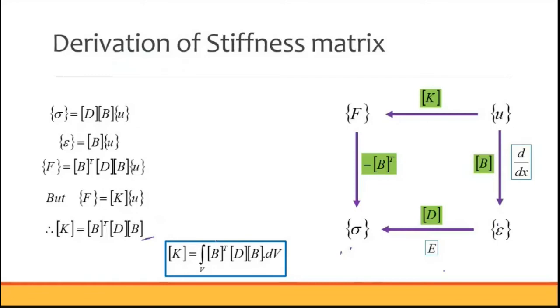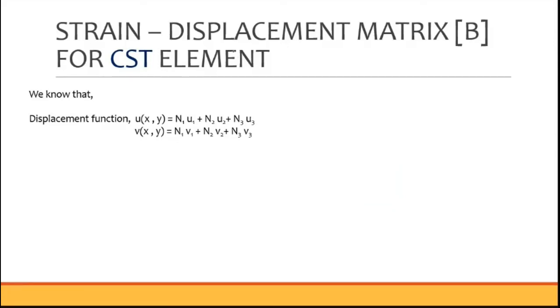My aim is to identify this B matrix and D matrix. Your B matrix is the strain displacement matrix, so note it is the strain displacement matrix. We will discuss it in the next class.